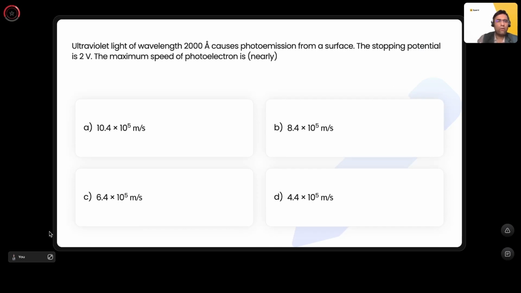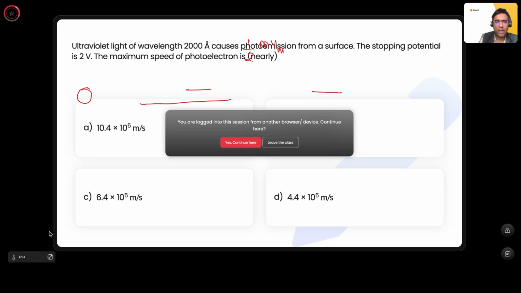Ultraviolet light of wavelength 2000 angstrom causes photo emission from a surface. The stopping potential is 2 volt. The maximum speed of the photoelectron is. So if we want to find the maximum speed, so half mv square, v max square will be equal to eV. This is what we have to do.